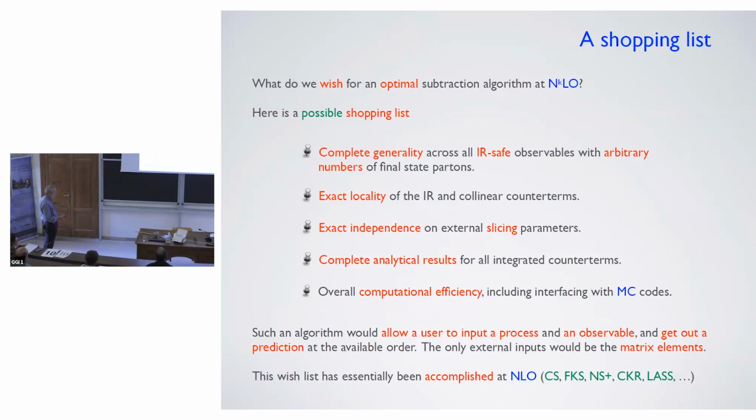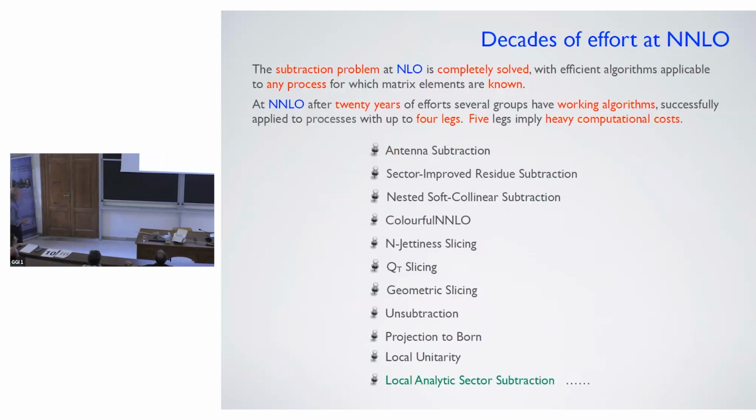There are many subtraction formalisms. The most used are Catani-Seymour and Frixione-Kunszt-Signer. But there is Nagy-Soper with various modifications, and there are others, and LAST is us, essentially. At next-to-leading order, as you all know, there have been decades of effort, so this is now 20 years since this has been worked on by many people, some of which are in this room.